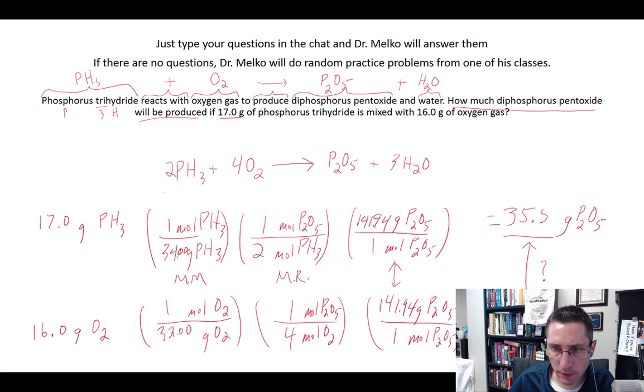I get something like 35.5. Yeah, 35.5. So then I compare these two, and the limiting reactant is going to be oxygen here.